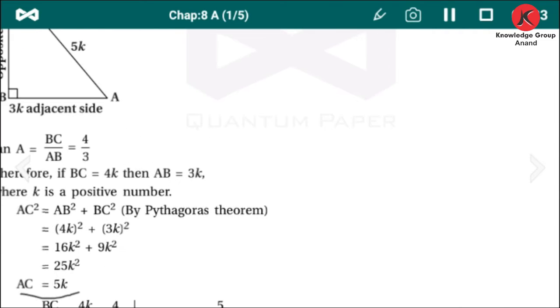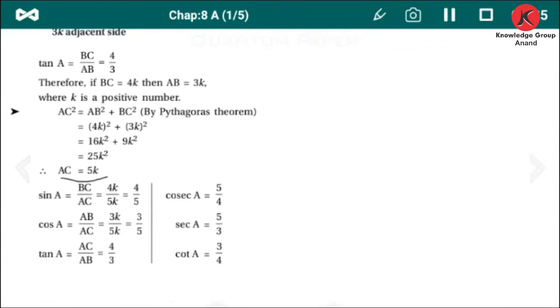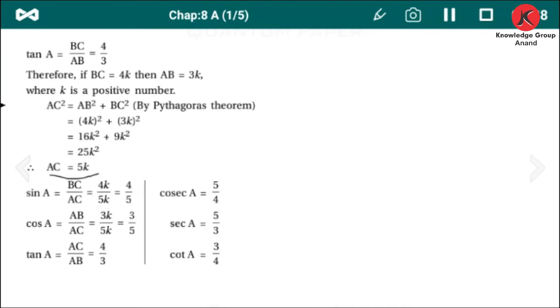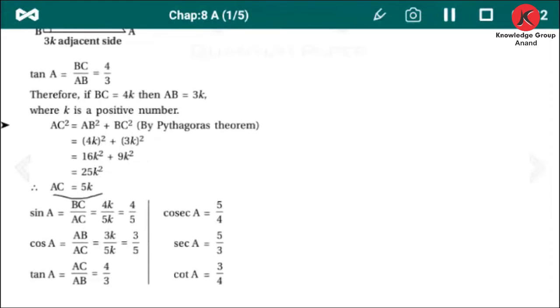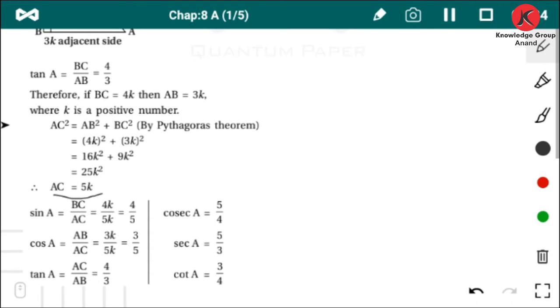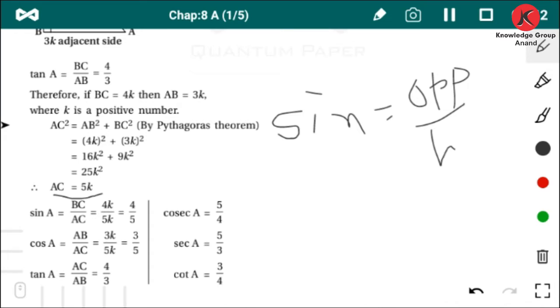Now sine A. We know that sine A is equal to opposite side upon hypotenuse. In this question, for angle A, the opposite side is BC and the hypotenuse is AC.